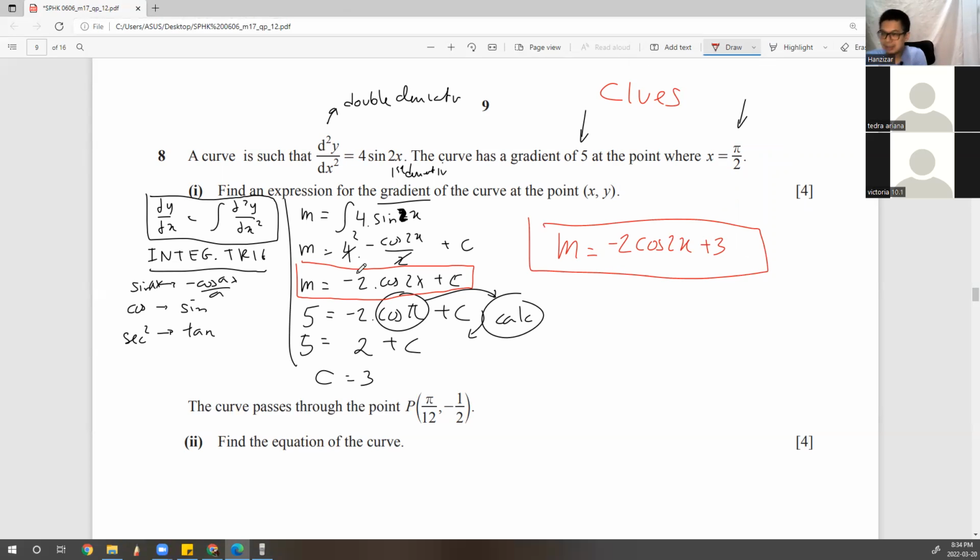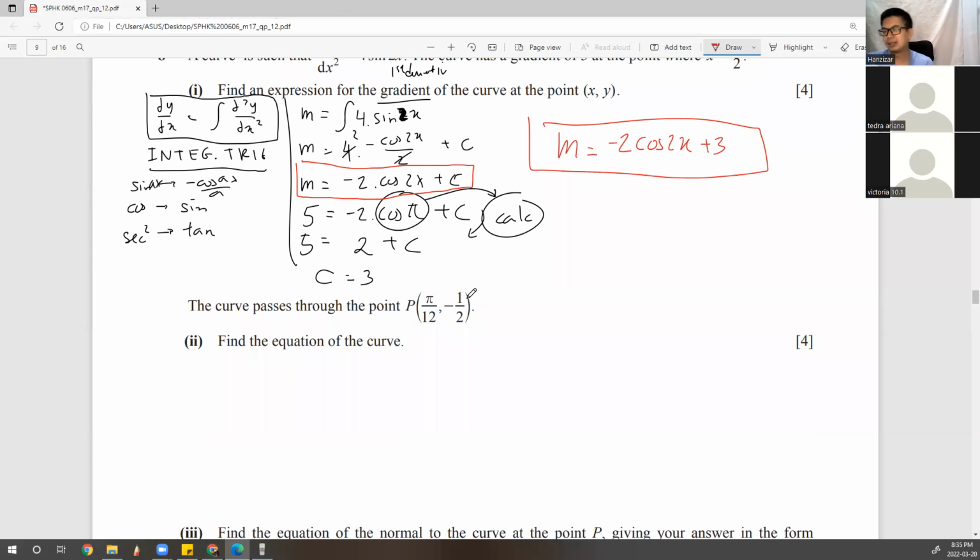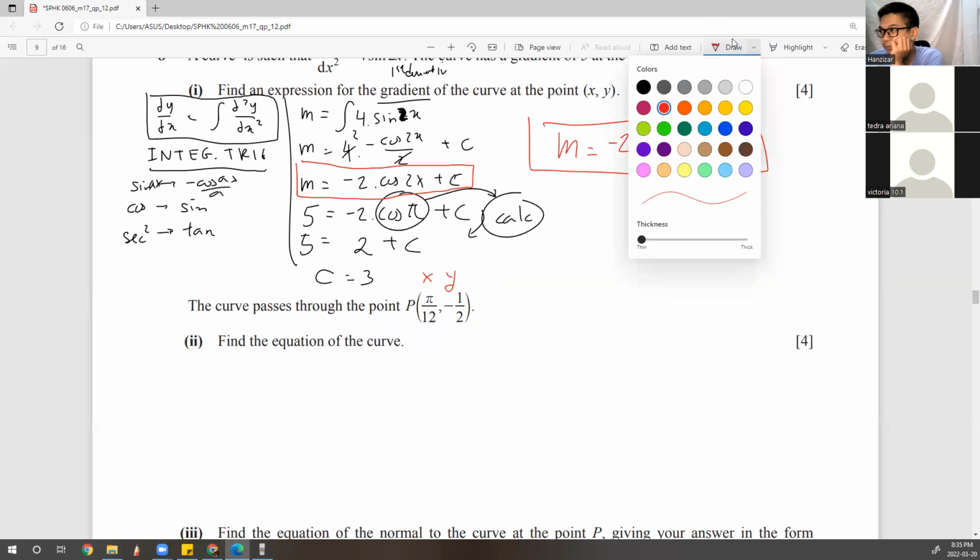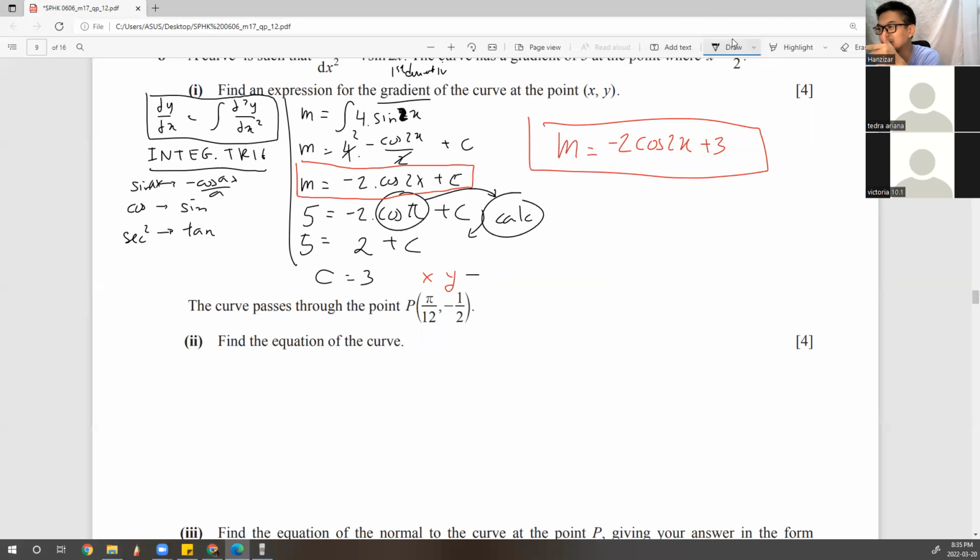And the curve passes through the point. So what is this? X and y. See, how do you do this? First thing first. What is the point? What is the y? Y is the integration of dy dx. So we do the double integration.